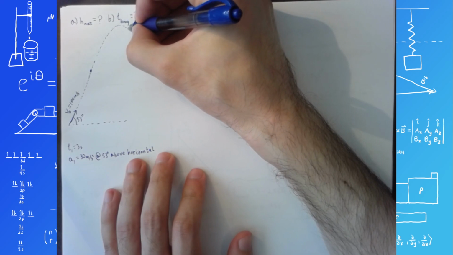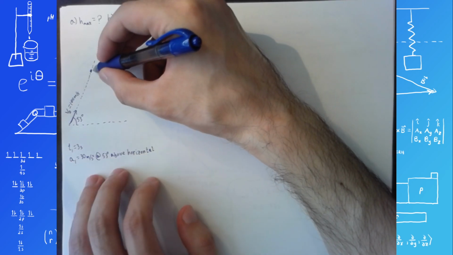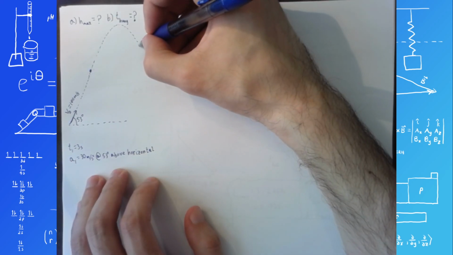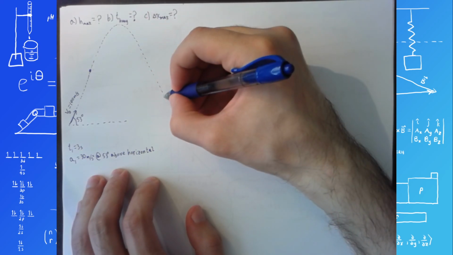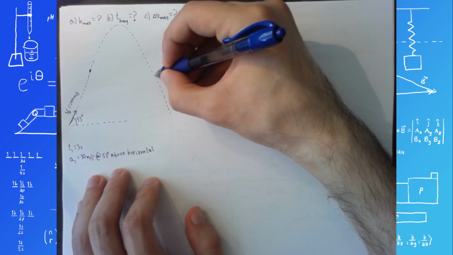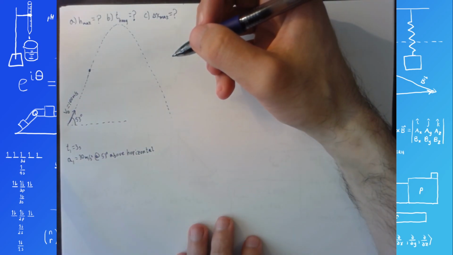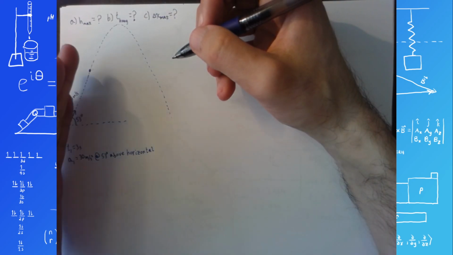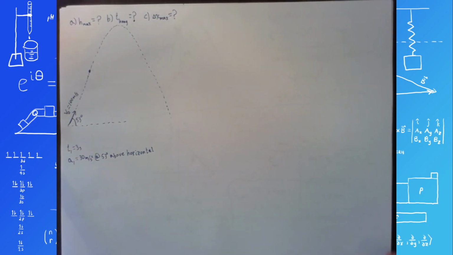It reaches a maximum height that's more than twice whatever this height is at this point. I could have made this look a little bit more curvy. Otherwise, this kind of looks like a full parabola, even though this part is supposed to be straight.